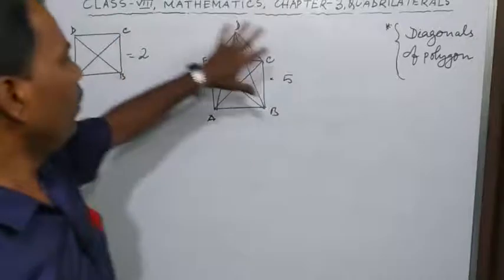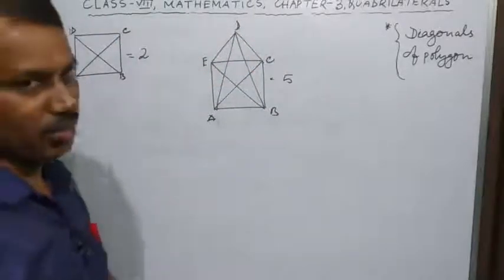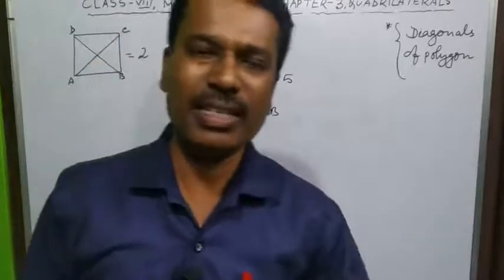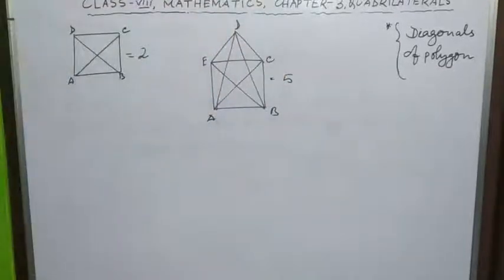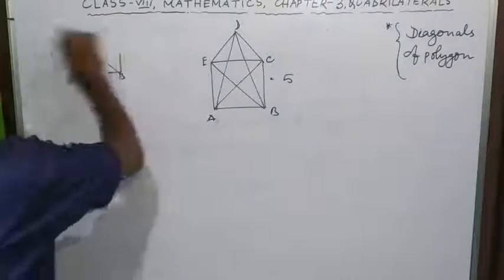So we will use a formula to find the number of diagonals of a polygon. It's a very easy and simple formula. It's very interesting. You please be attentive and see.